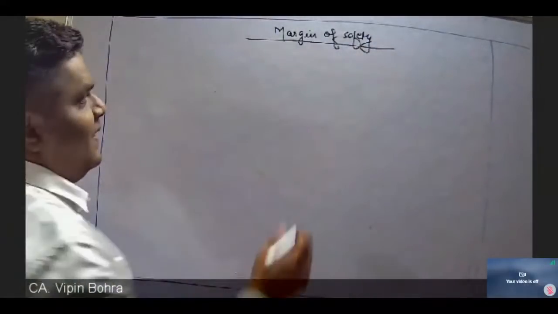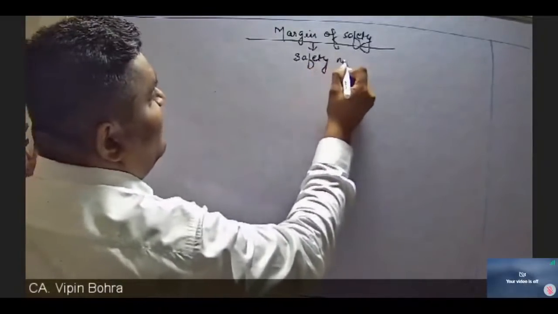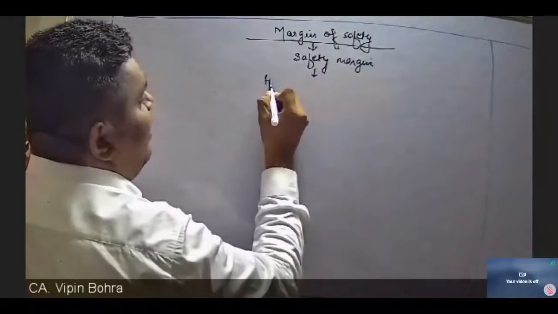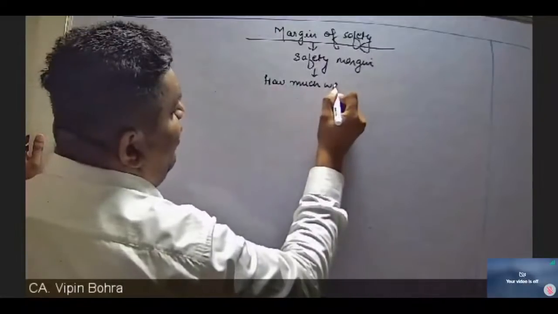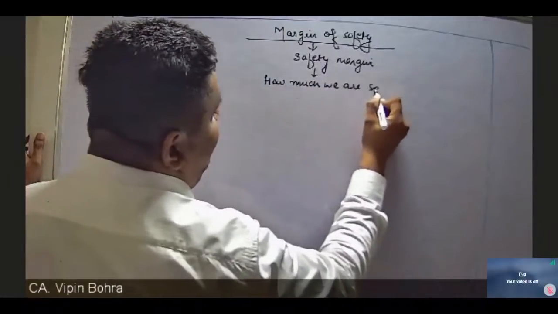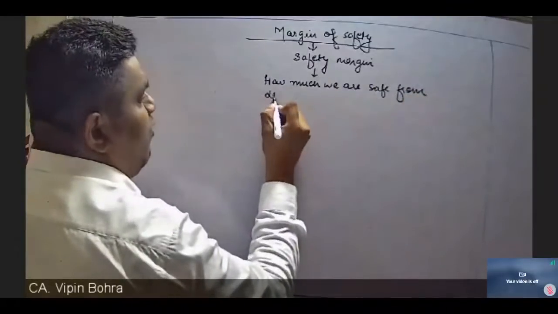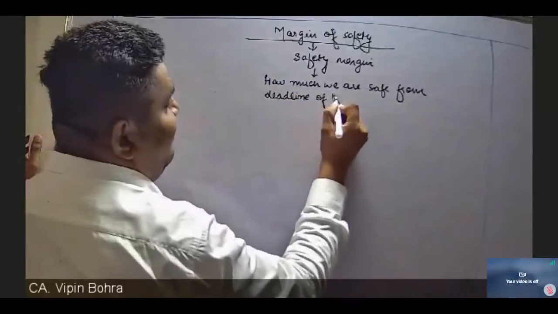What is margin of safety? In simple words, we can say safety margin, or how much we are safe from the deadline of business.